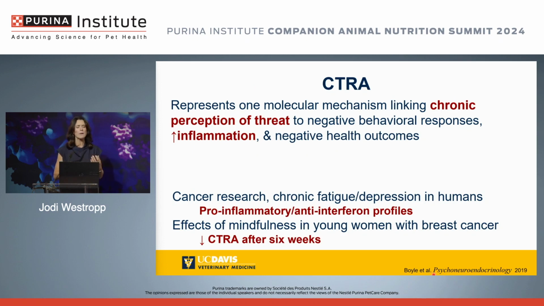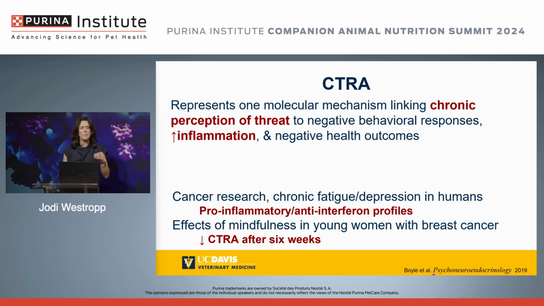So the CTRA represents one molecular mechanism that might help link chronic perception of threat, negative behavioral responses, obviously then increased inflammation, and negative health outcomes. This has been studied, for example, in cancer research, chronic fatigue and depression in humans, and found pro-inflammatory, anti-interferon profiles in these populations.